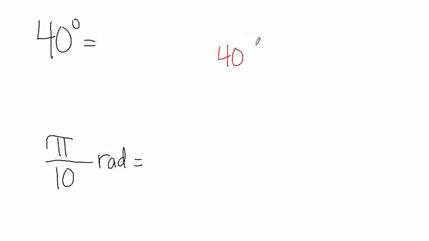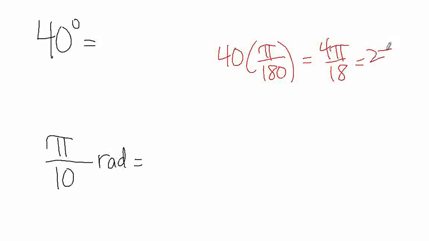So 40 times pi over 180 gives 4 pi over 18, 2 pi over 9. I think that's as good as we're going to get. So 40 degrees is 2 pi over 9 radians.